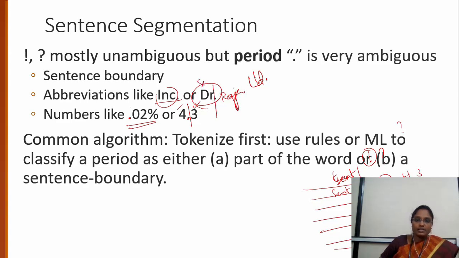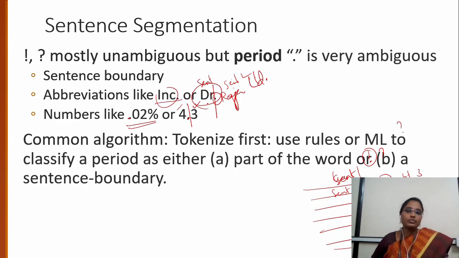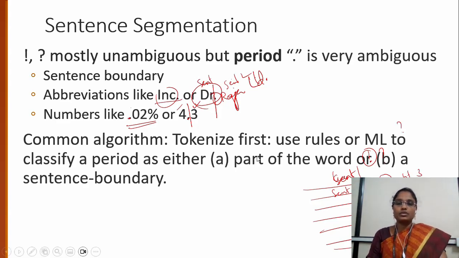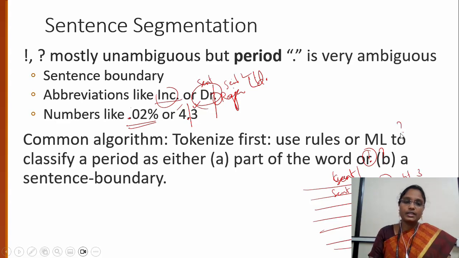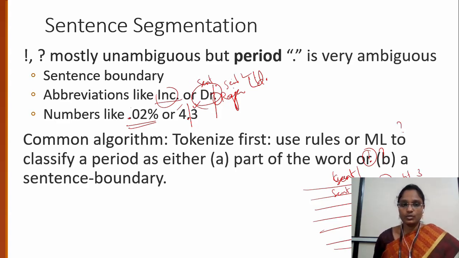Doctor will be one sentence and Raja will be another sentence. But that is not the case actually. So we have to use rules or some machine learning algorithm to classify a period as either part of the word or a sentence boundary.